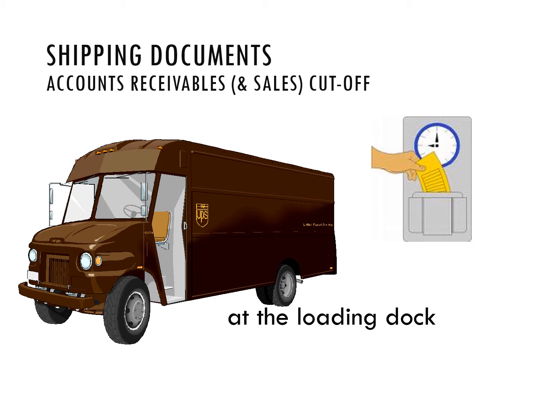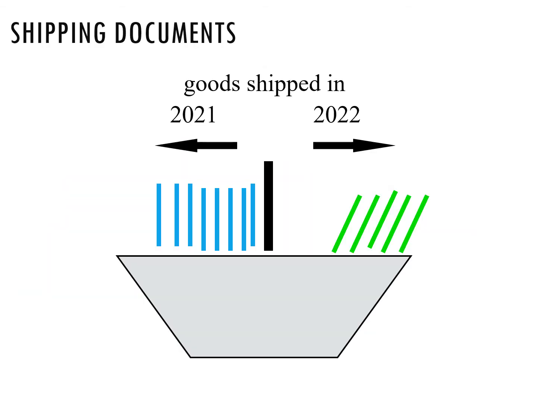If we go out to the loading dock and we audit shipping documents, again, we're going to assume that if it's dated December 31st, 2021, it was actually shipped in December. We've got the blue-green game going on again. The black divider: everything to the left was actually shipped in December.